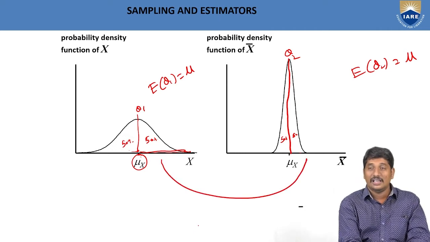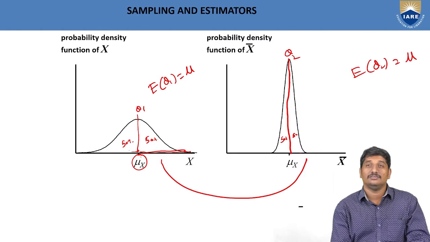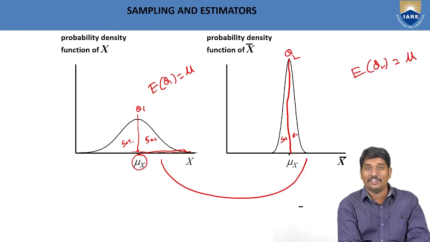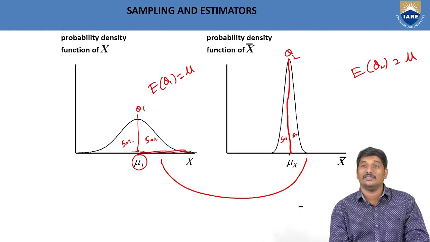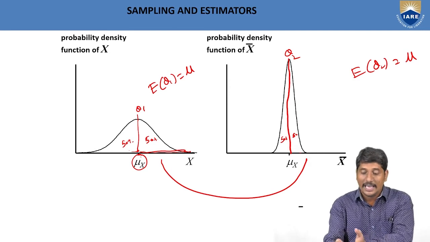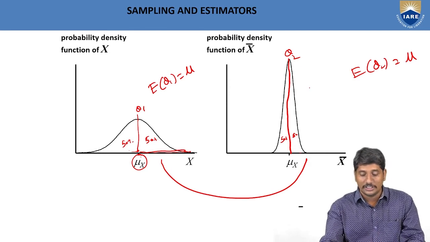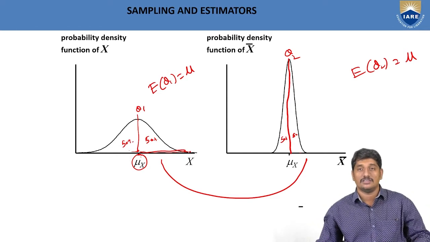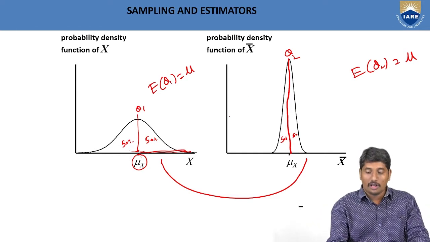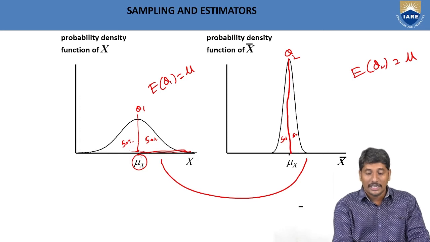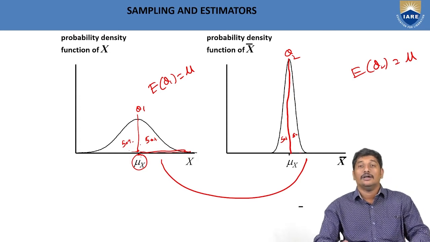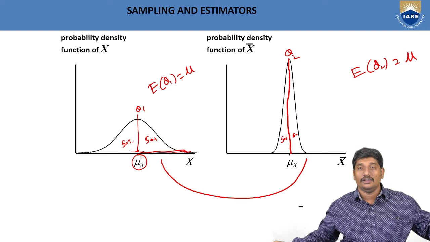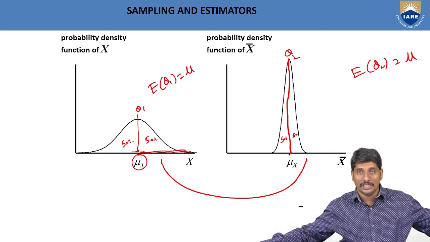That means the spread is more, and the tail is bigger. Here the data has been stored in a narrow space, but here in a wide spread space. Even though both are unbiased, the data has been scattered to a large distance from the mean.